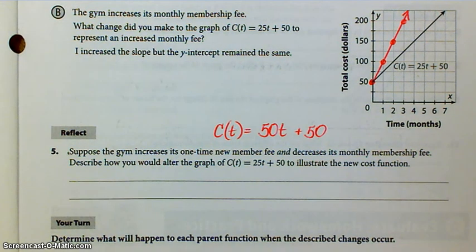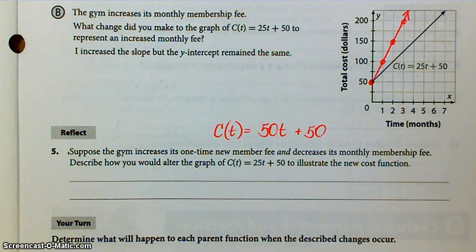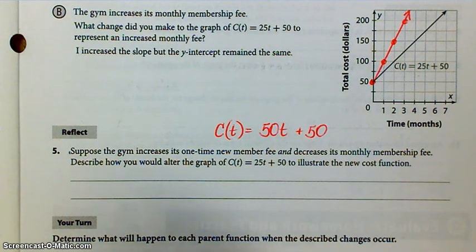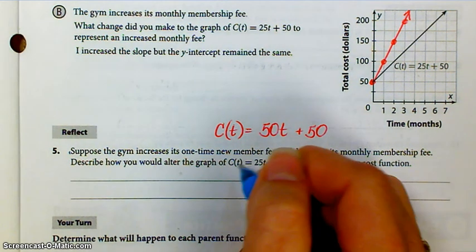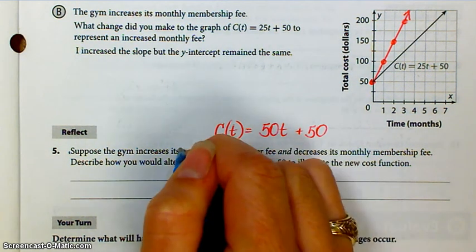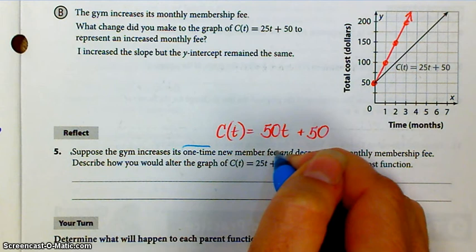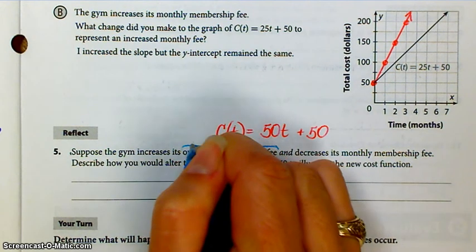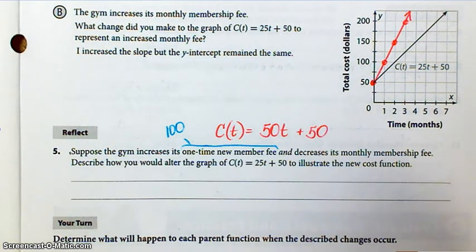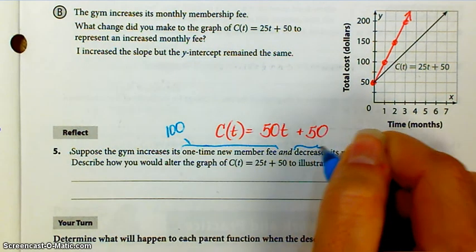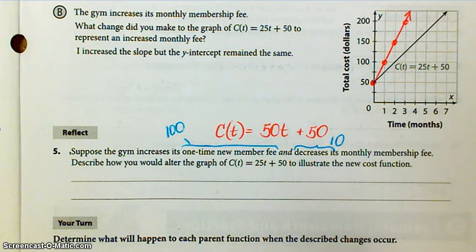All right, and then number 5 says, suppose the gym increases its one-time new member fee and decreases its monthly membership fee. So I'm just going to make some numbers up. Let's say the one-time fee is now a whopping $100, but then you're only going to have to pay $10 a month.